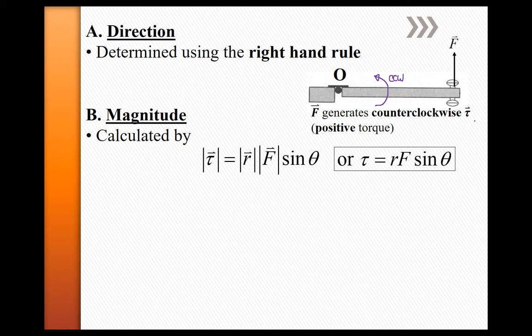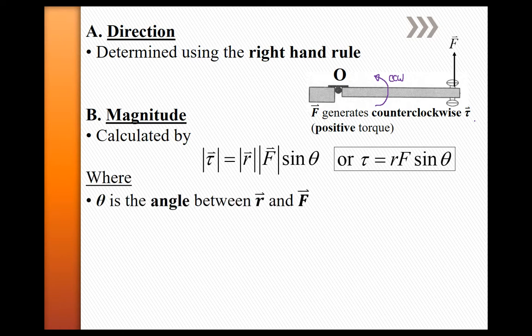That's my equation, exclusively dealing with the magnitude of the torque. The direction we can figure out logically by asking what direction the force will cause the object to rotate. In this equation, theta represents the angle between your position vector and the force.